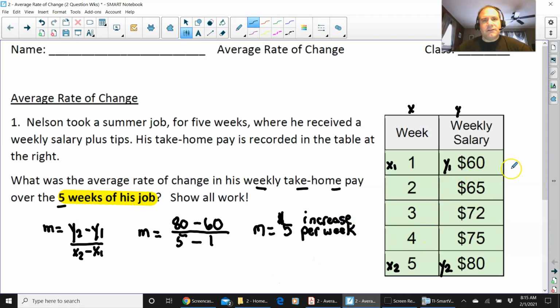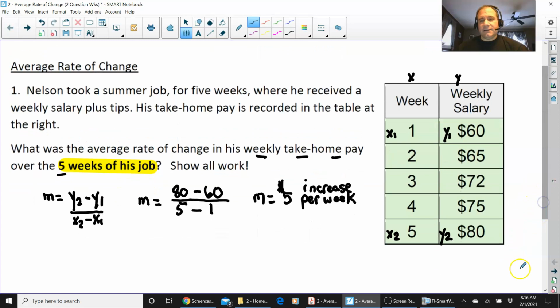And that's it. Just remember, you can't use whatever points or coordinates you want here. It is saying average rate of take-home pay over the 5 weeks. So you have to use the first one, x1, y1. That's why we're using that. And x2, y2 is the 5th week there.